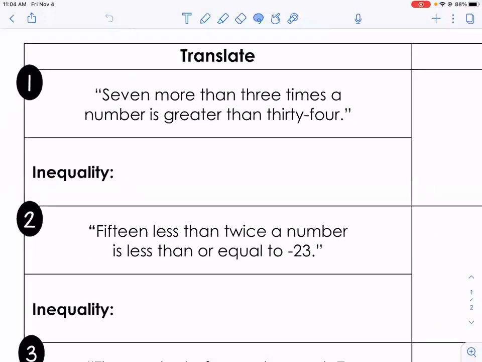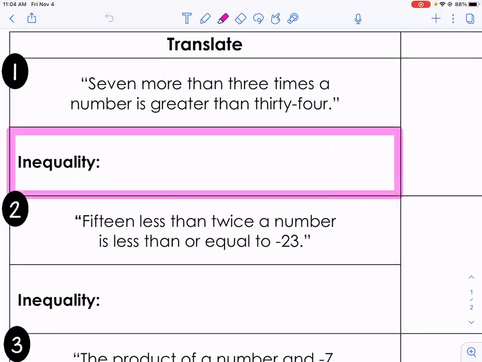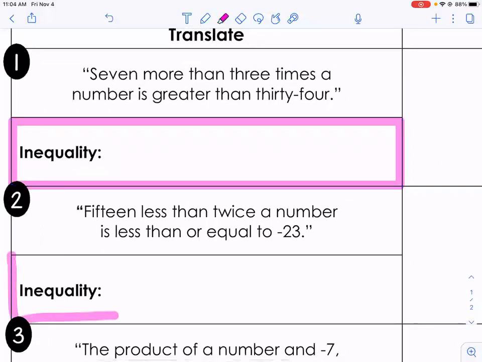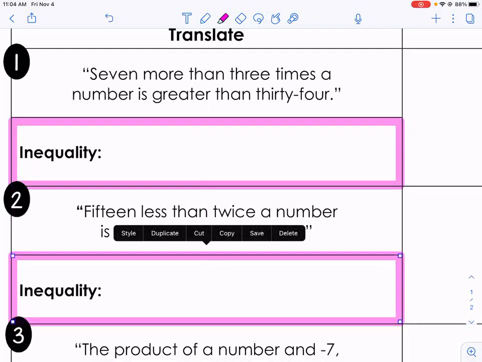So this is what I want you to do. I want you and your partner, it's okay if you're wrong, to try to come up with the inequality for number 1 and number 2. Do it in pencil in case we need to erase. Do not solve it. We'll solve it together.